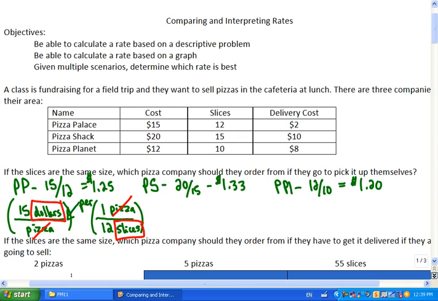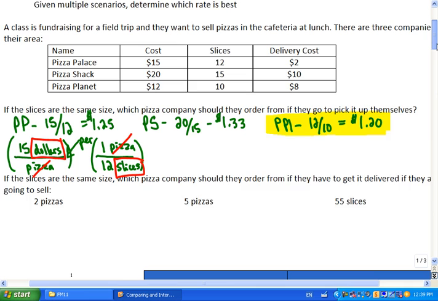So if you're trying to fundraise and get some money, this would be the company that you want to work with because they have the best deal. Now, of course, in the real world, people might say, I'd rather pay $1.25 for Pizza Palace, so maybe it's worth it as a business to pay more. But for our purposes, we're going to look at the minimum cost as the best for us.